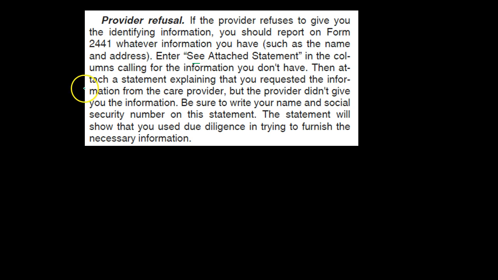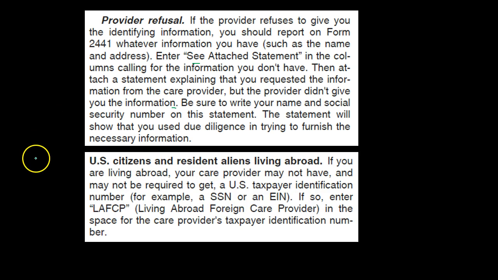This attached statement explains that you requested the information from the care provider, but the provider didn't give you the information. So we're basically just telling the IRS, hey, look, here's what we have. We don't have the number. This is what I did. I tried, and we haven't been able to get it. Be sure to write your name and social security number on this statement. The statement will show that you used due diligence in trying to furnish the necessary information.